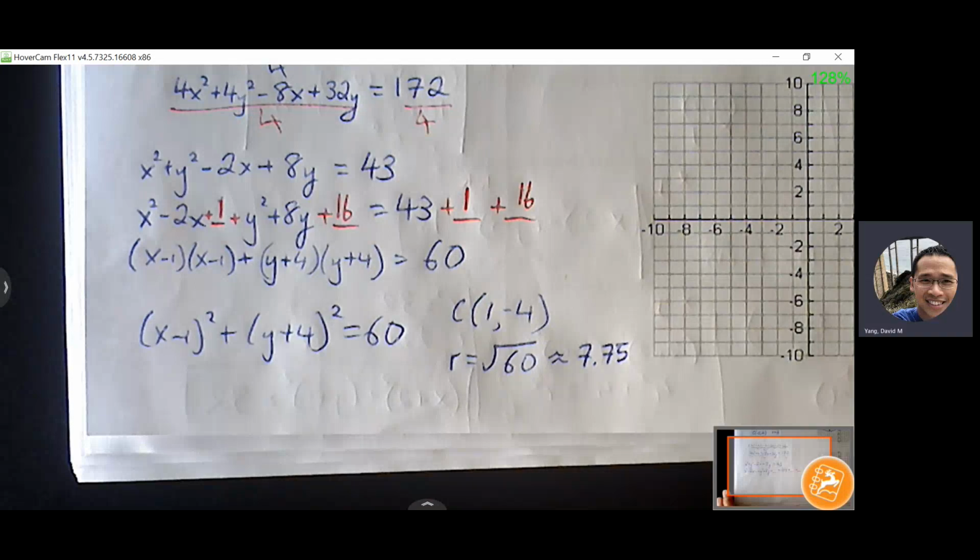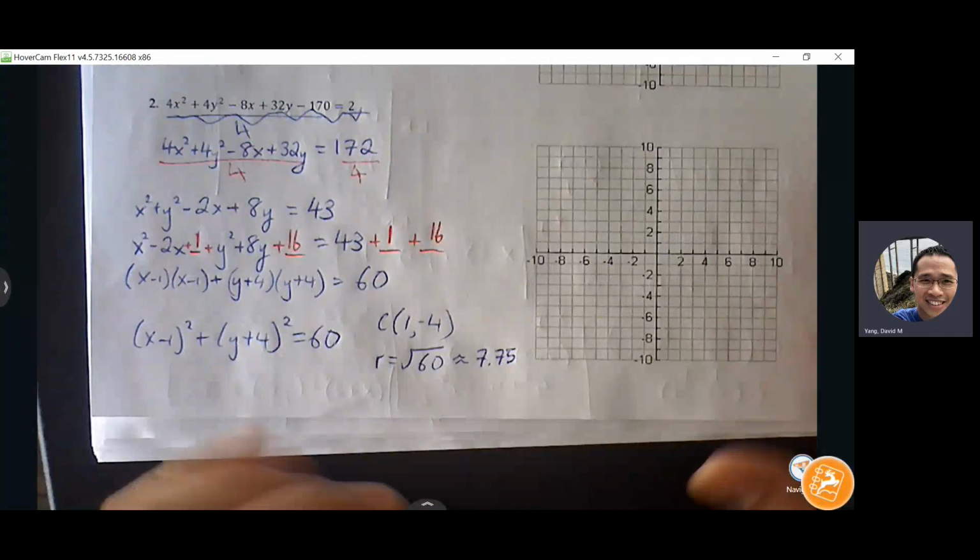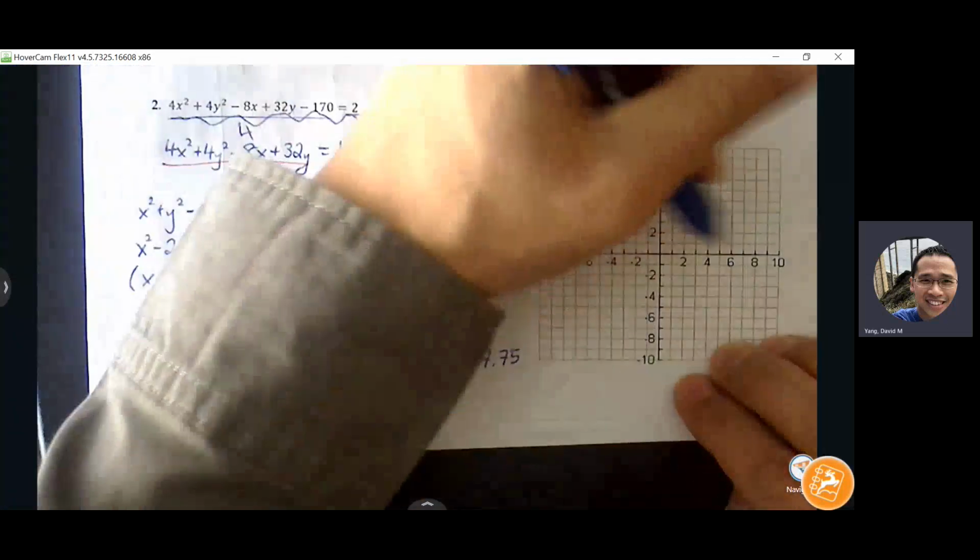So it's around 7.75. I'm going to just make my best estimation on my graph here. So 1, -4.